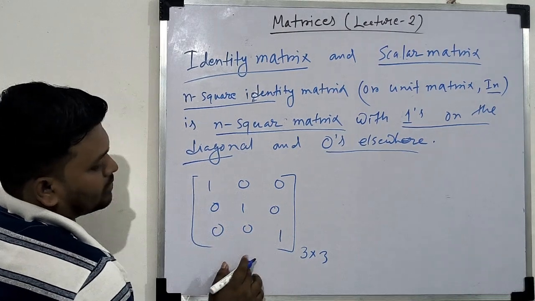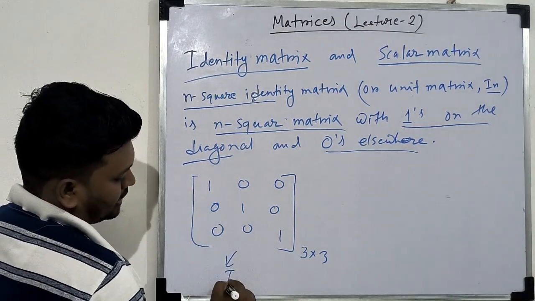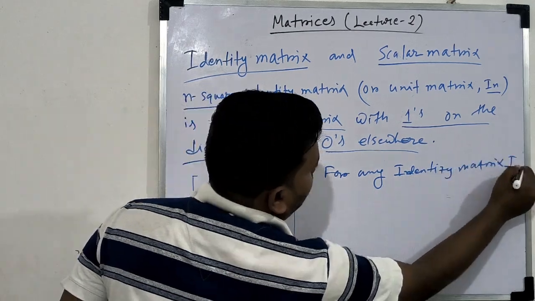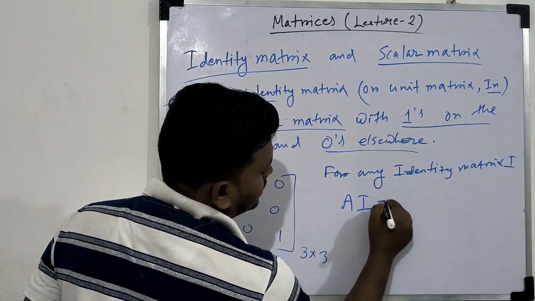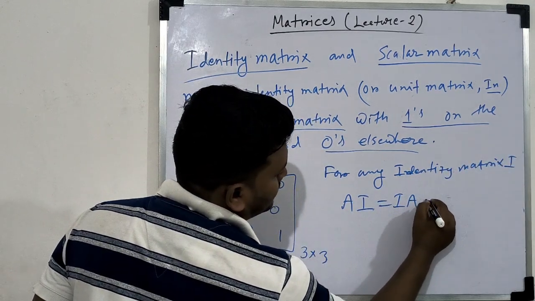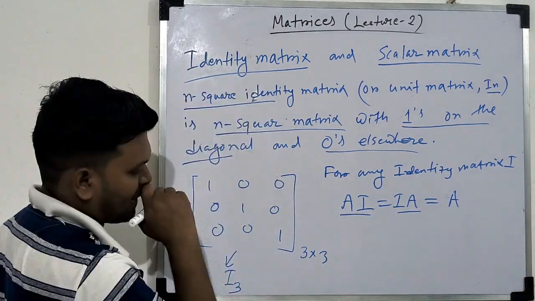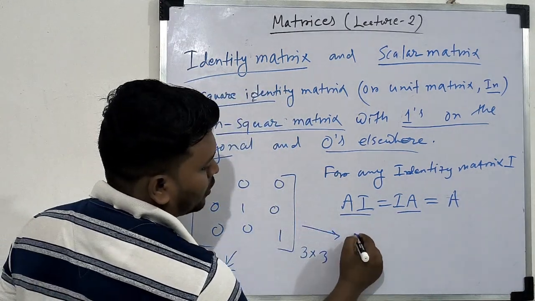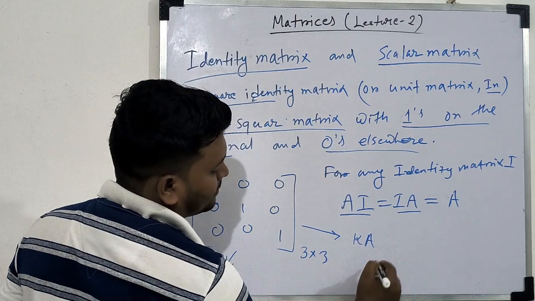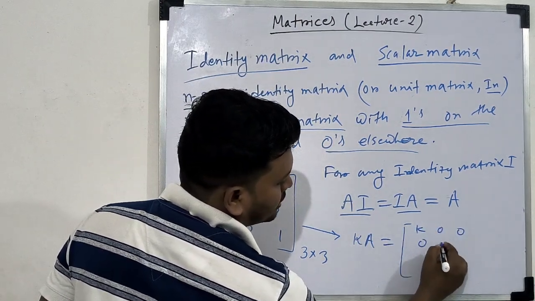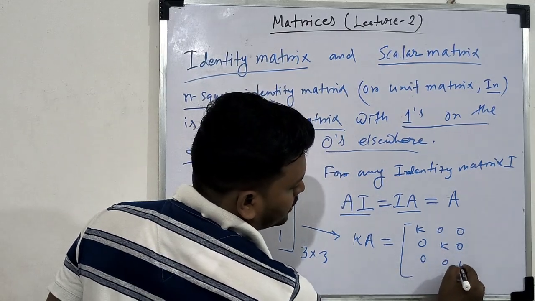This is called the identity matrix of order 3. So for any identity matrix I, A into I equals I into A, which remains the same as A when this multiplication happens. And for a scalar matrix, whenever we find k into I, this becomes k 0 0, 0 k 0, 0 0 k.